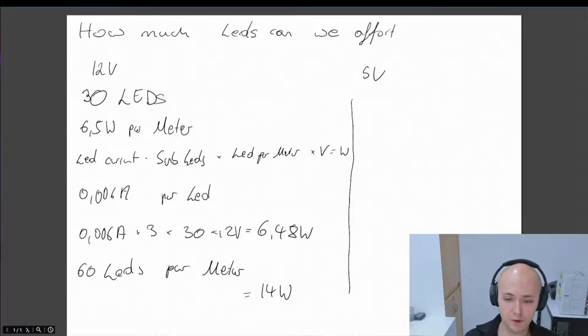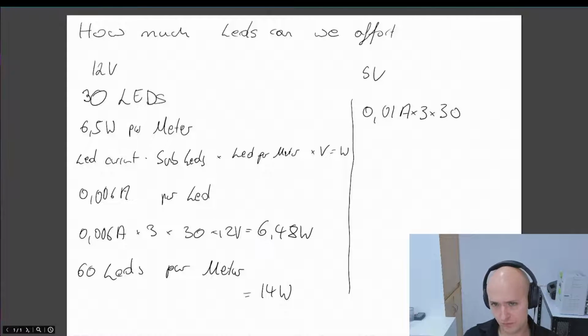And with 10 milliamperes per LED, so 0.01 ampere times 30 times 3 times 5, we get to roundabout 5 watts per meter.